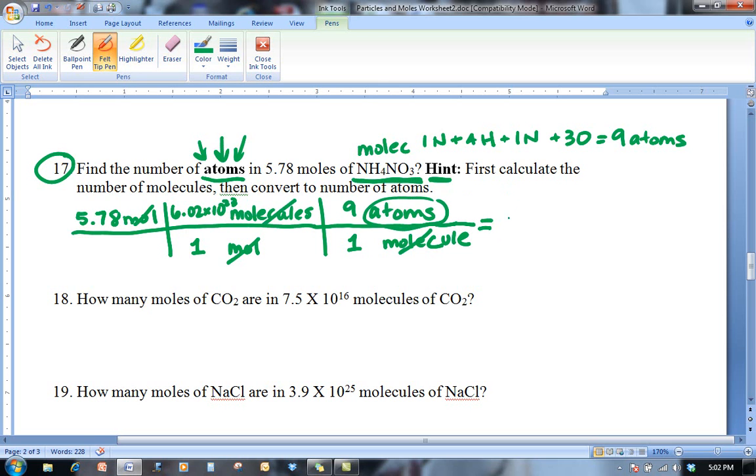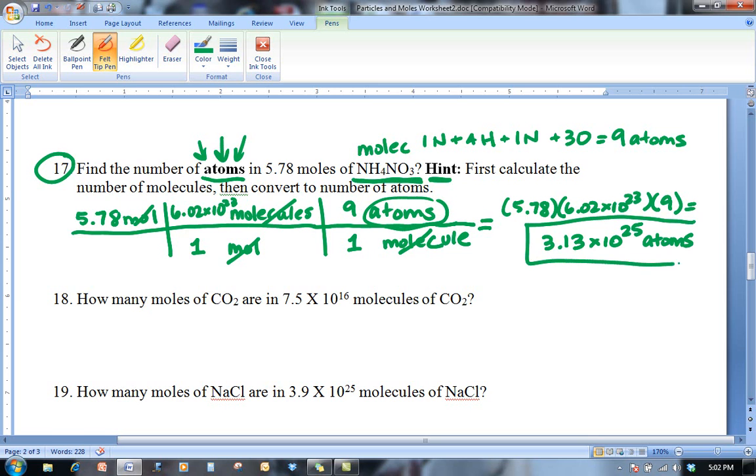And what I have to do to solve is multiply 5.78 times 6.02 times 10 to the 23rd times 9, and when I multiply that all together, I get 3.13 times 10 to the 25th atoms. And that is my answer.